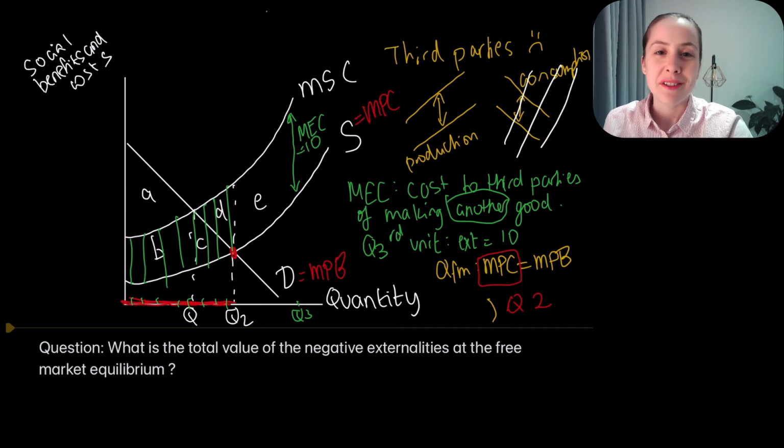Meaning that now we have the answer to the question. It wouldn't really look like a whole bunch of lines if you imagine that this is lots and lots of quantities. Those lines would blur into an area.